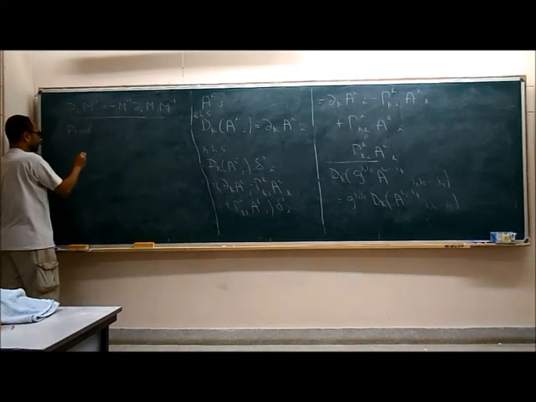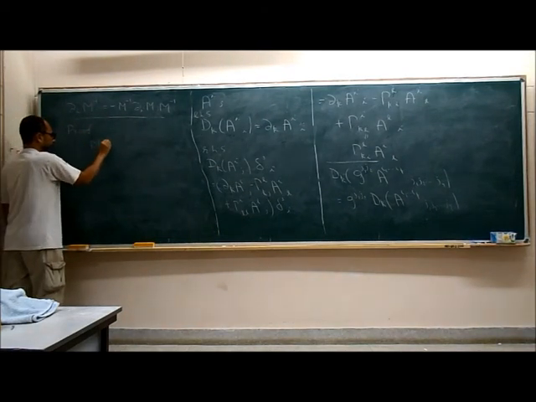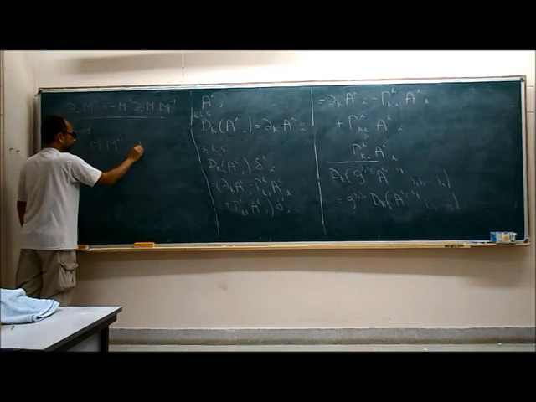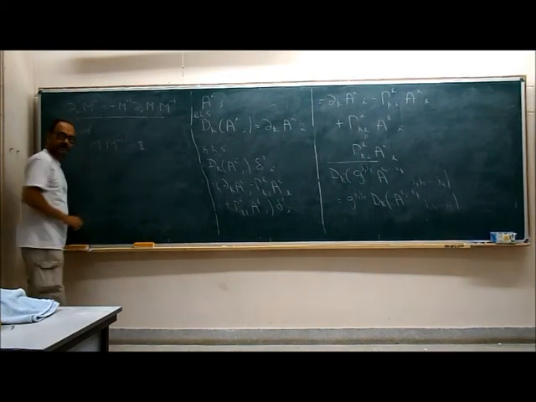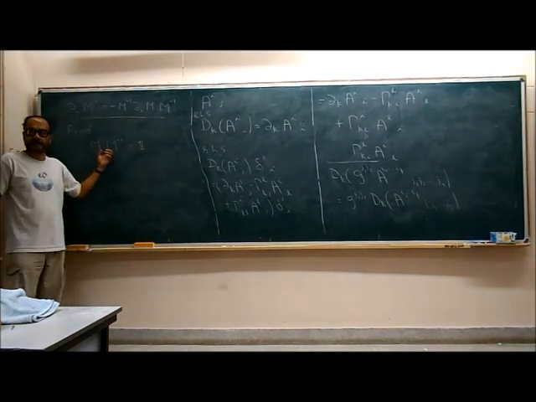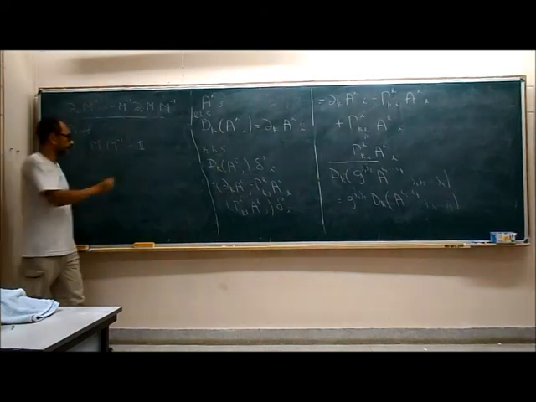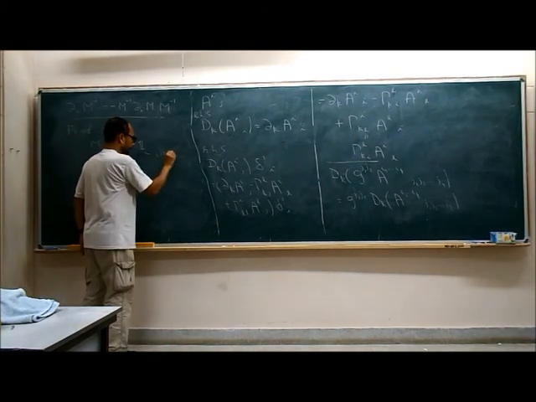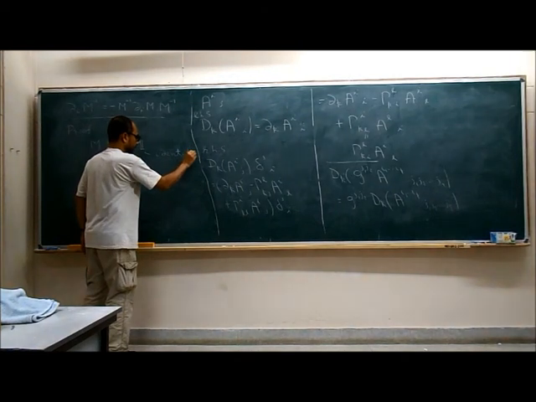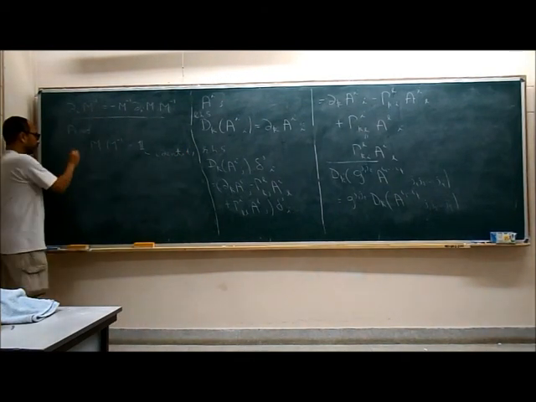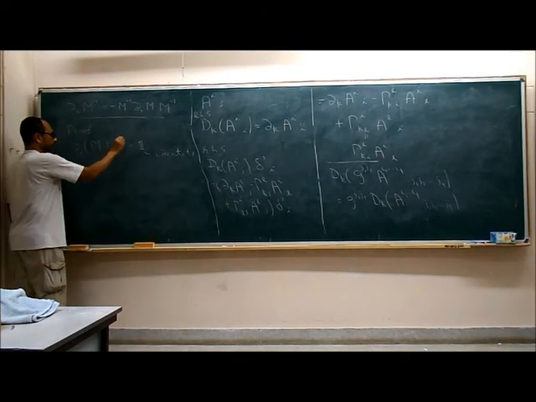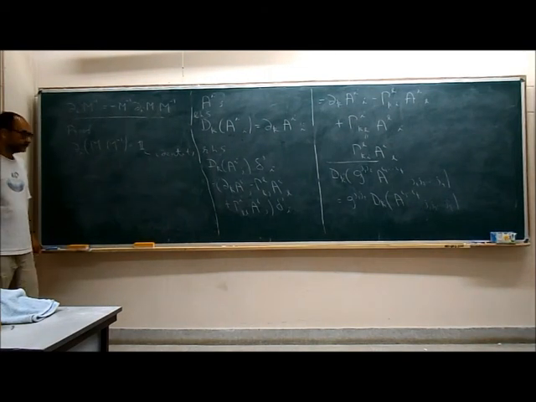So basically you prove this by starting with the observation that M times M inverse by definition is the identity matrix. This is the definition of M inverse. Now you take the derivative on the left hand side, and the right hand side should be 0.